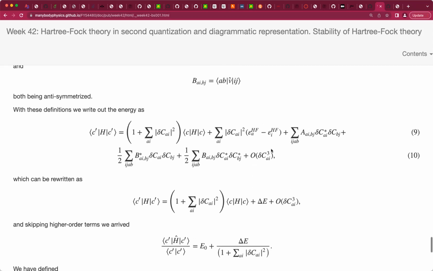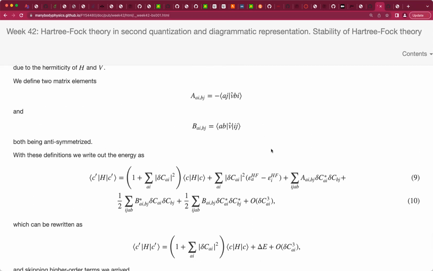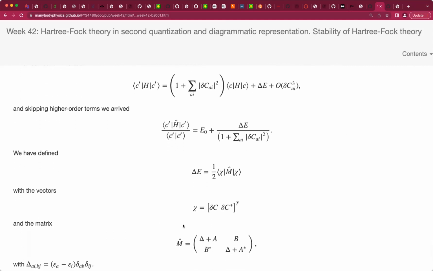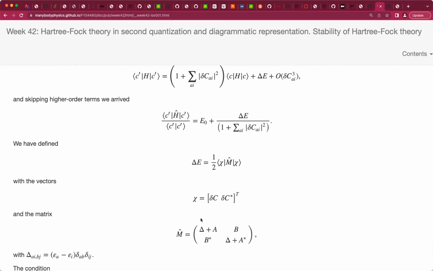So we can rewrite everything in a more compact notation, where we end up with a matrix M, which has specific matrix elements, delta E, where we have the coefficient vector. And then we have these matrix elements where we have the single particle energies along the diagonal. And then we have these matrix elements here.